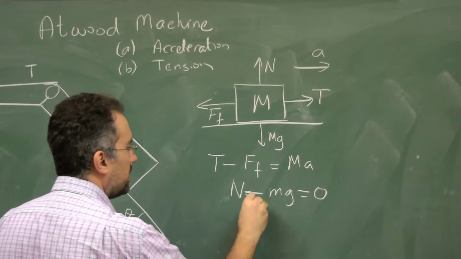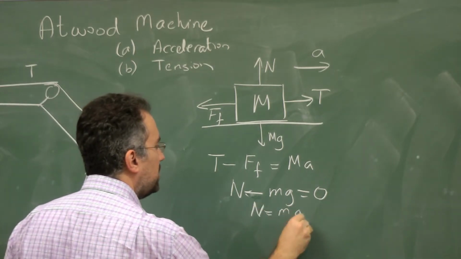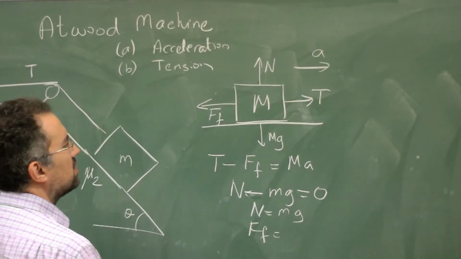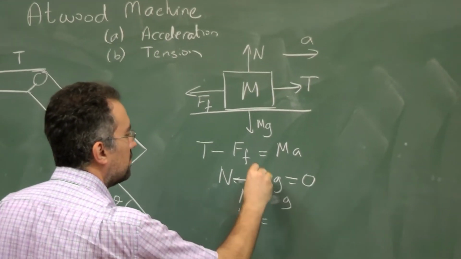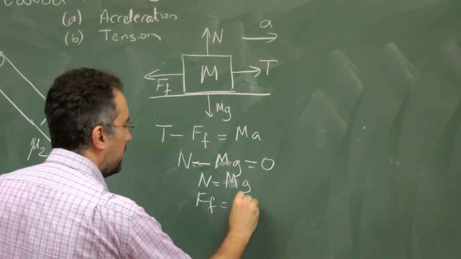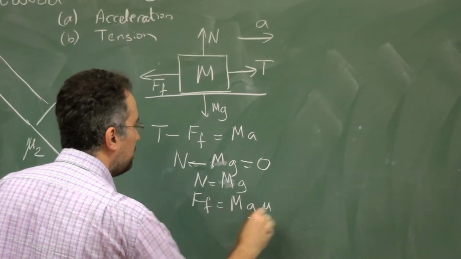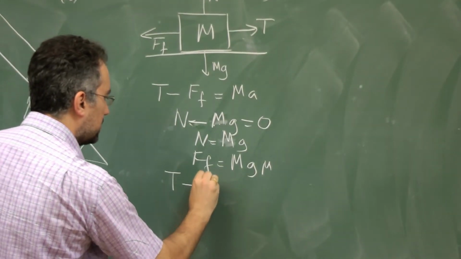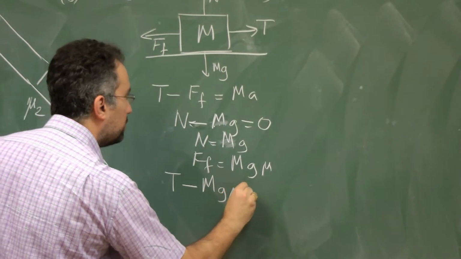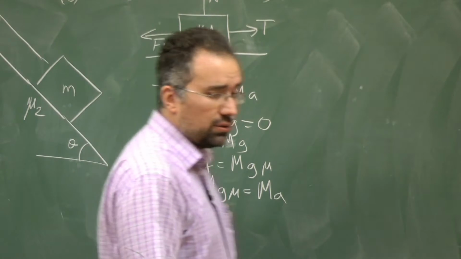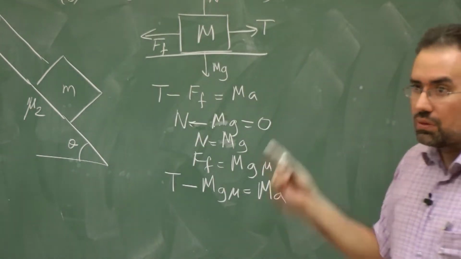And of course, I get N equals mg, and the force of friction, wait a minute, this is not little m, is Mg mu, and I get T minus Mg mu equals capital M times A. The same equation as last time, because that part of the problem didn't change anyway.